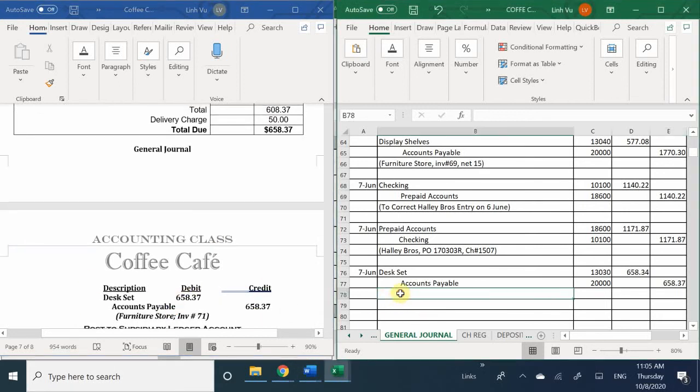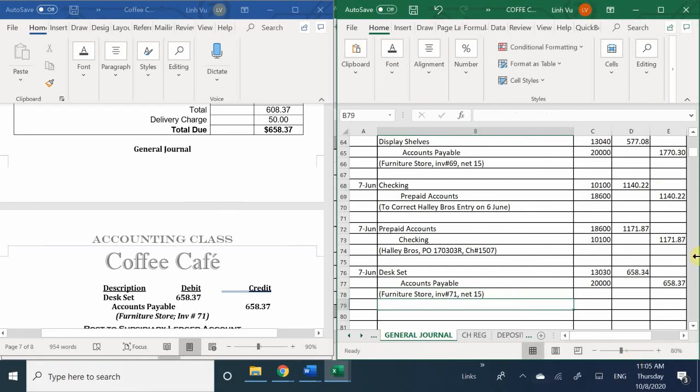So for my little description here, who was the vendor that I received it from? The furniture store. Good. What invoice did I receive this bill on? 71. And I'm going to throw in a little extra piece of information. When is it due? What are the terms that they gave me? 15 days, net 15.